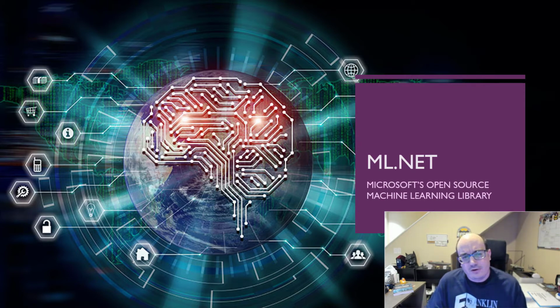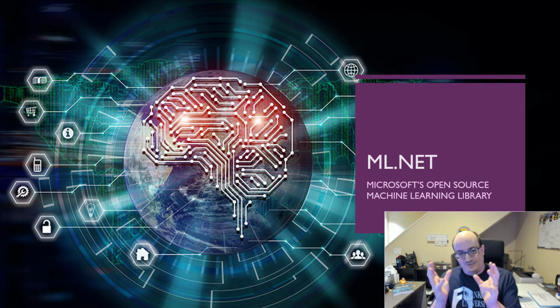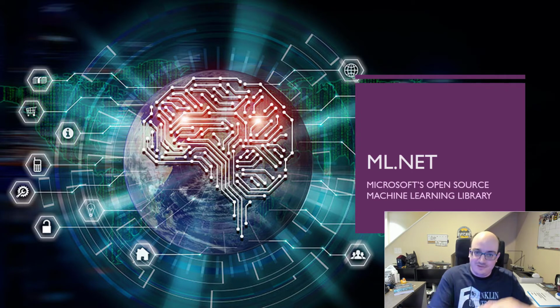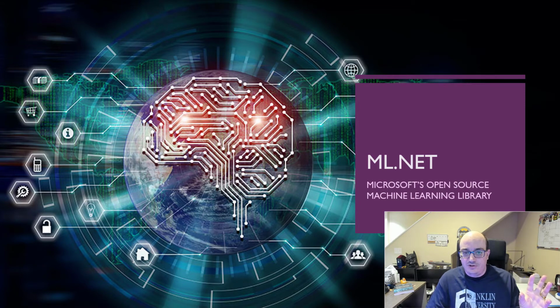So it supports something called ONNX, and that is a format that we use for the open exchange of neural network information. And so we can take models that are built in TensorFlow, for example, and import them into ML.NET and run them in C#. We can take our ML.NET models and we can export them to this format, and then other things can use them. So ML.NET is a model citizen in the data science world, and you start to be able to see this trend where we might train our models in one language and use them in another.